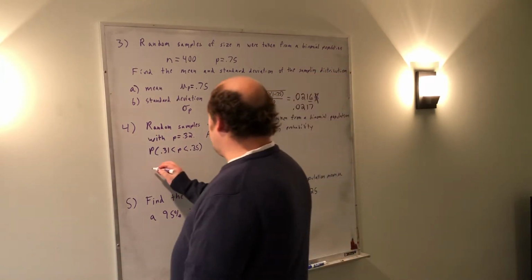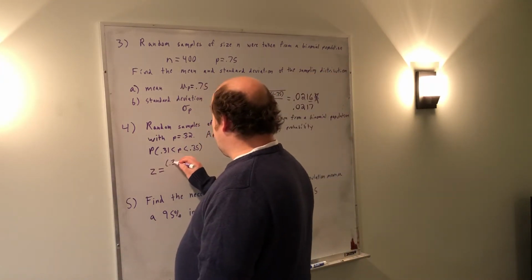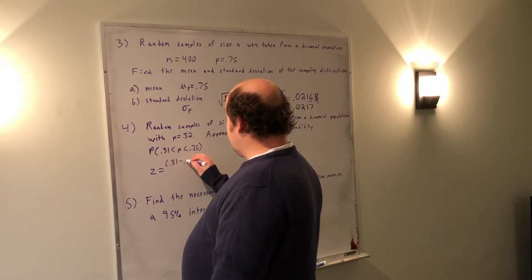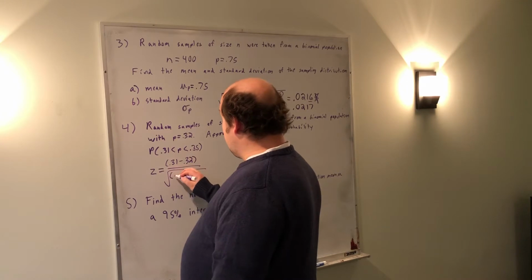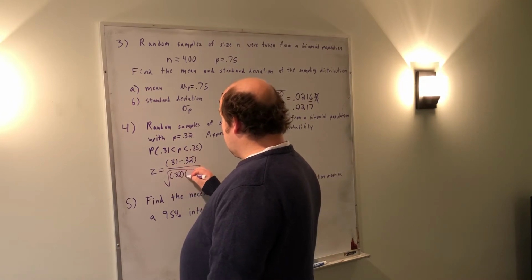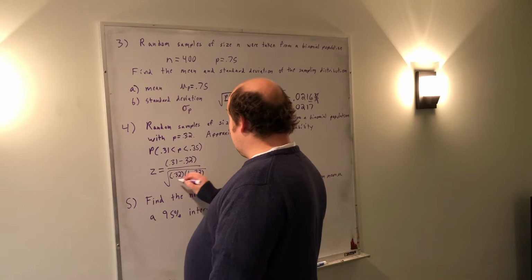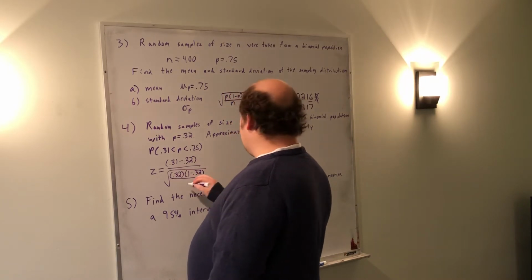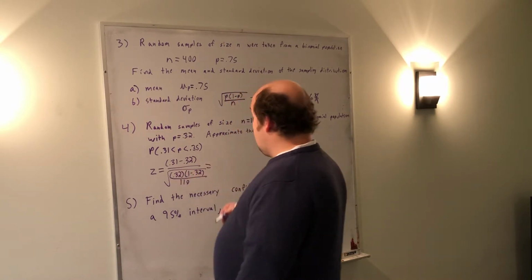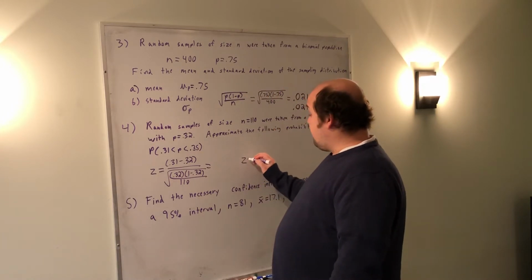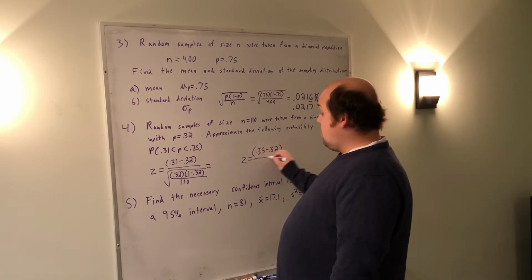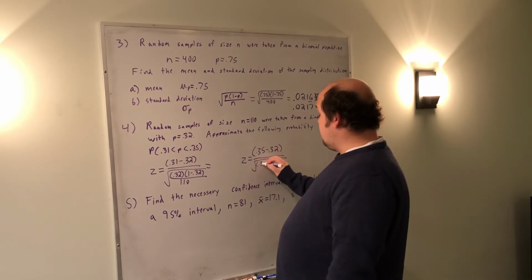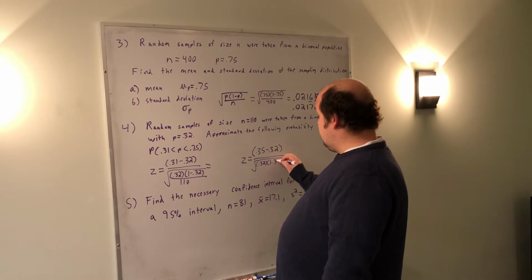So the first z-score is going to be based on 0.31 minus the population, 0.32, over the root of the population, 0.32, times 1 minus that population, 0.32, over the given n, in this case 110. I'm then going to need to do the same thing for 0.35, 0.35 minus 0.32, over the root of 0.32, 1 minus 0.32, over 110.